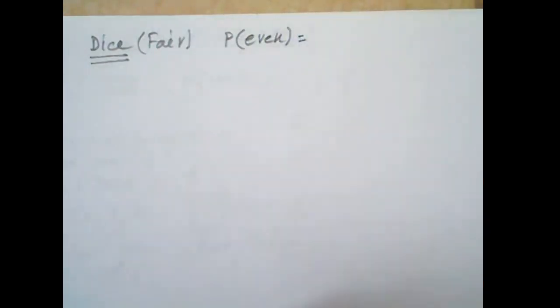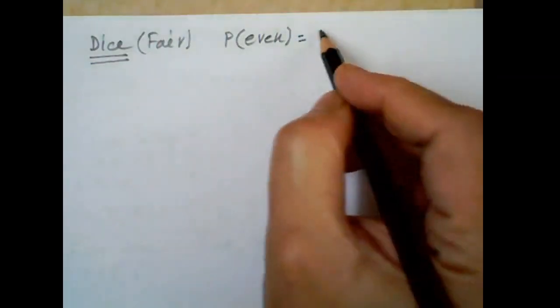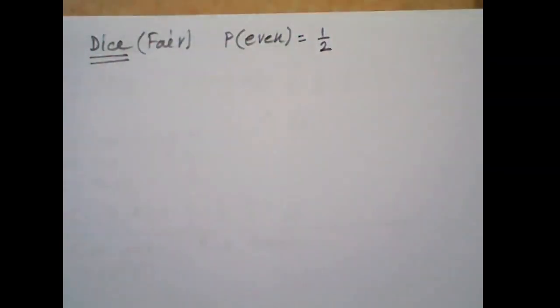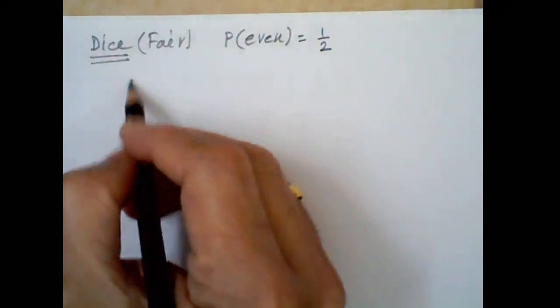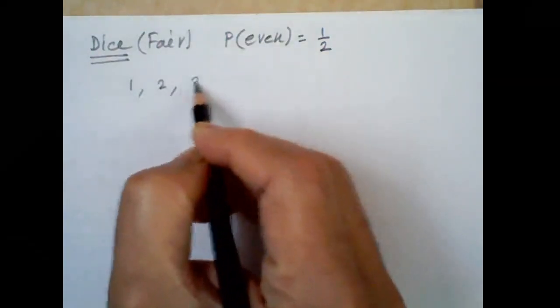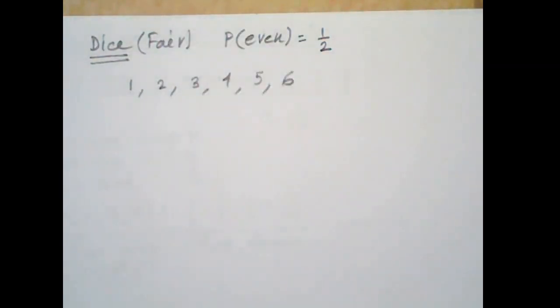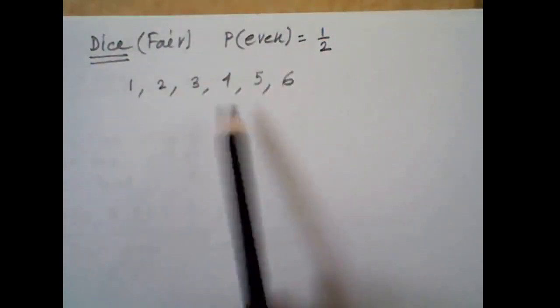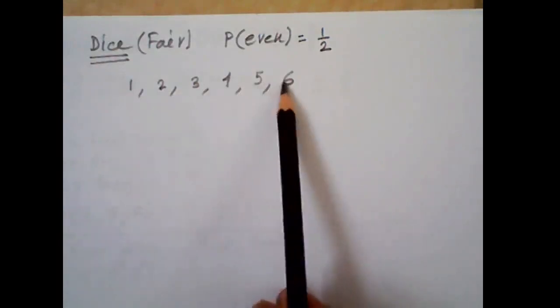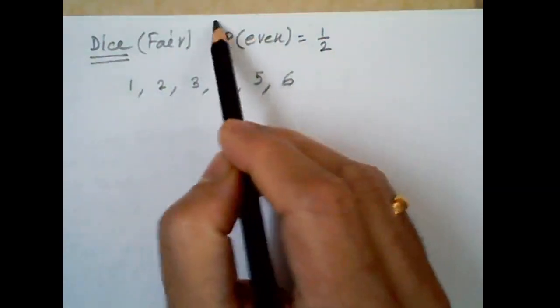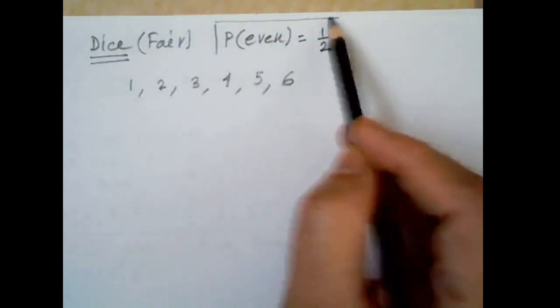Intuitively, you can just tell me that the probability of getting an even number is half, because you have these possibilities 1, 2, 3, 4, 5, and 6. This is the sample space omega, and the even numbers are 2, 4, and 6. So therefore 3 over 6, that is half.